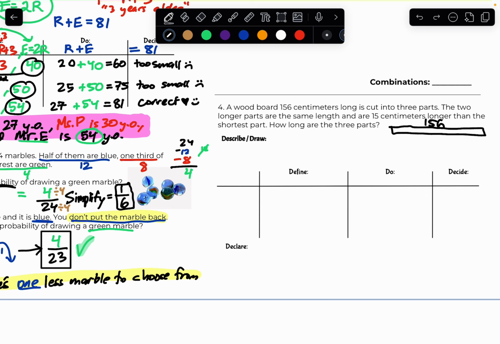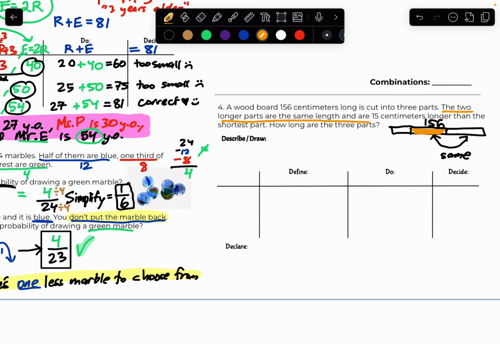Okay, I can draw that a little better. The 2 longer parts are the same. I'm going to write that down right here. They're the same length.